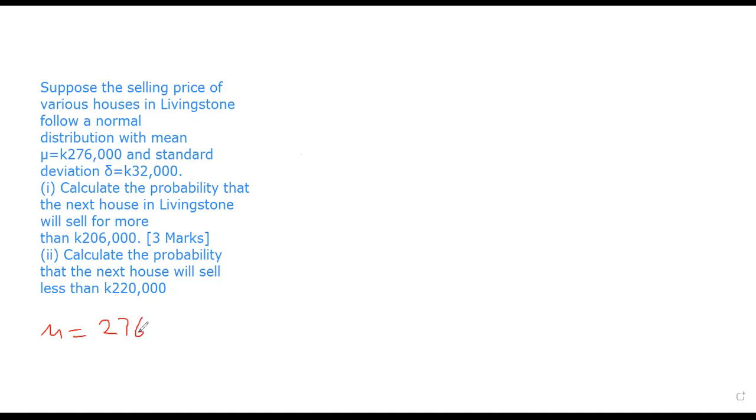And our standard deviation is 32. I'm scrapping out the zeros to make it easy for you. Part 1. What is the probability that the next house in Livingston will sell for more than 206?